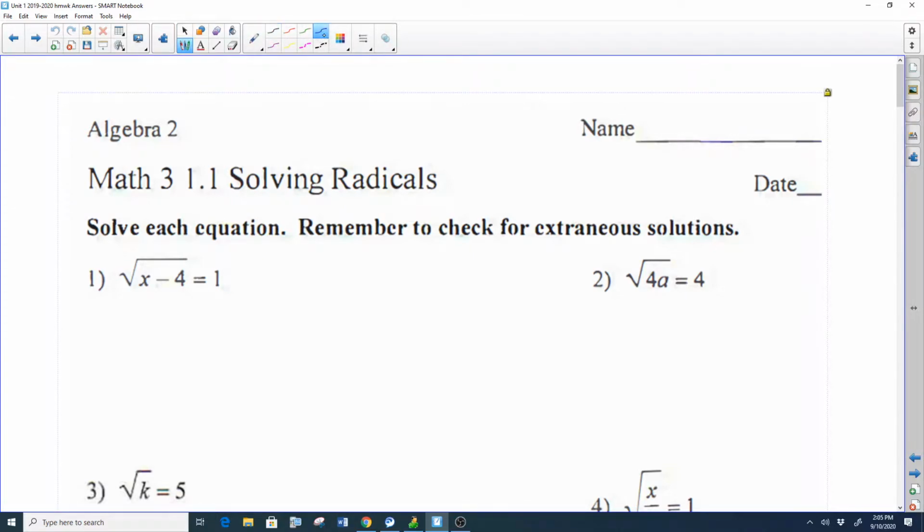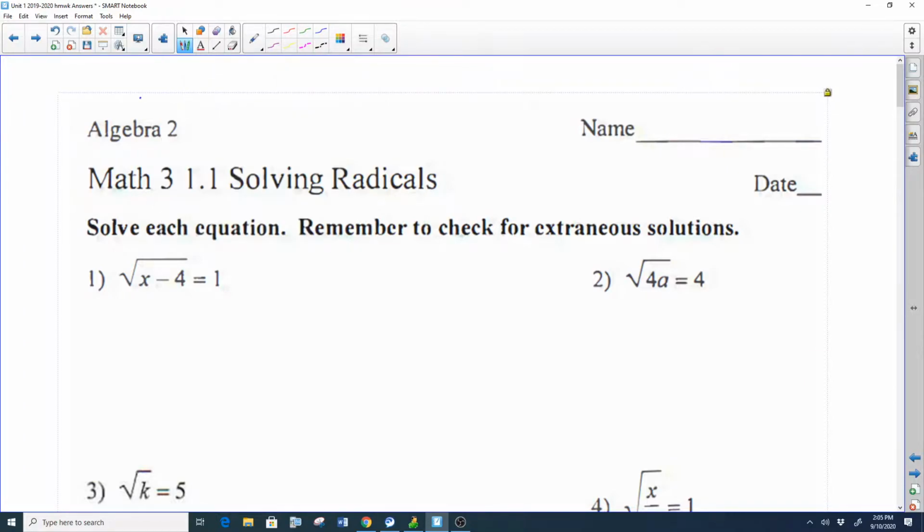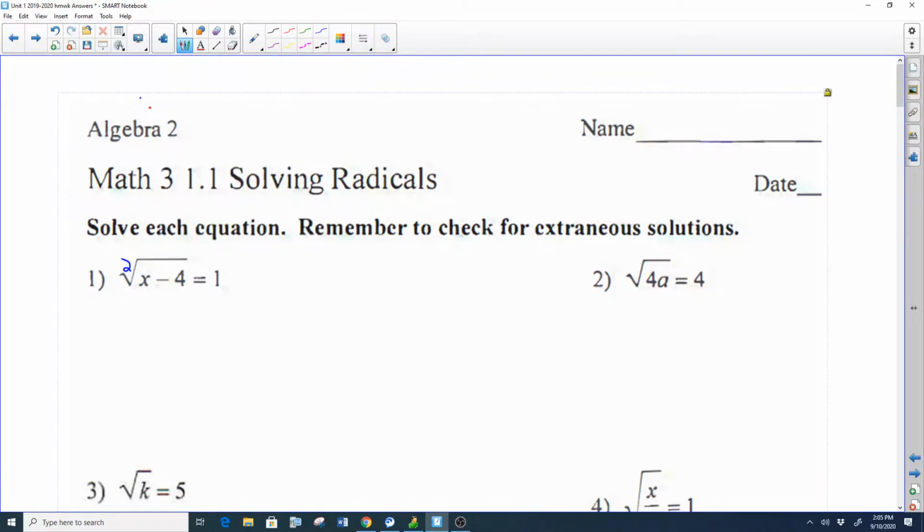To undo the square roots, we use the power of 2. If there's not a number there, then you would use 2, and so that's the square root. To undo the 2, you would use the power 2, and that undoes the square root.